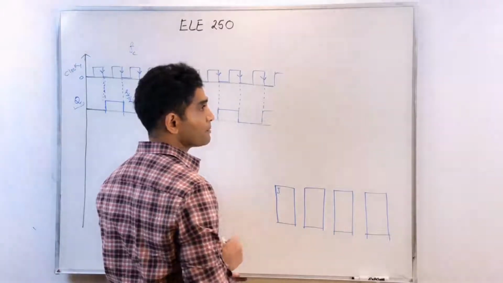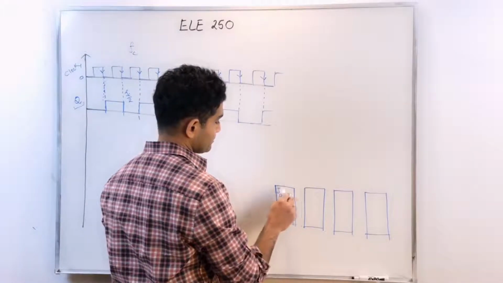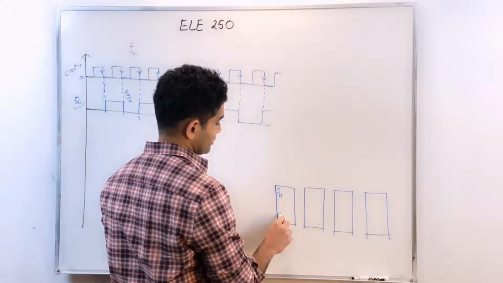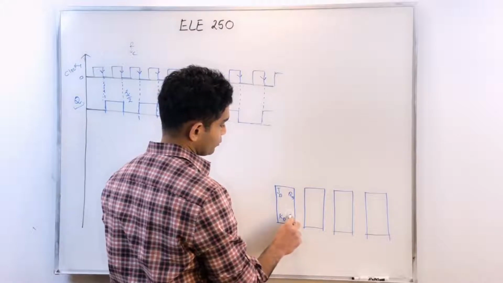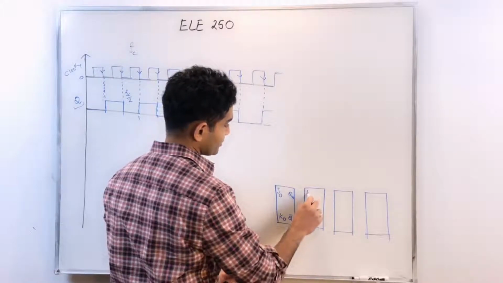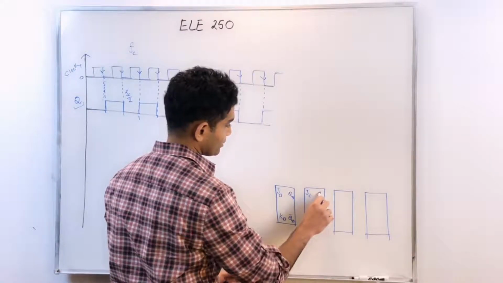Let me call this JD, KD, QD, Q prime D. This will be JC, KC, QC.